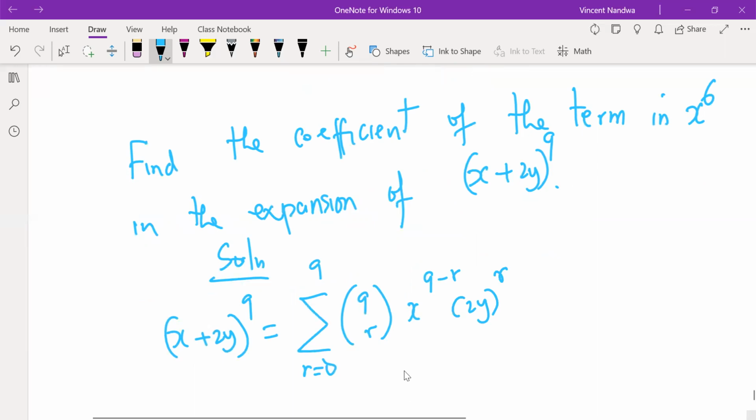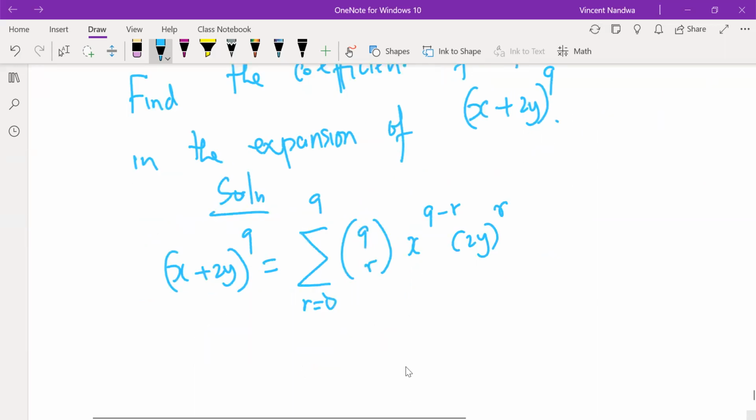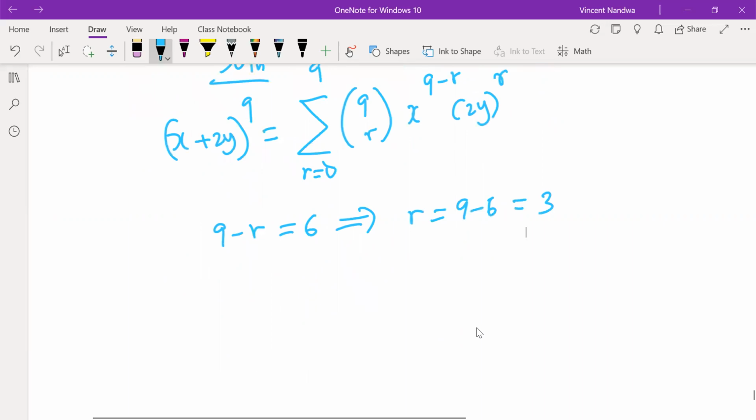To get x with power 6, 9 − r should be 6, which means r is 9 − 6, which is 3. So n equals 9, r equals 3.